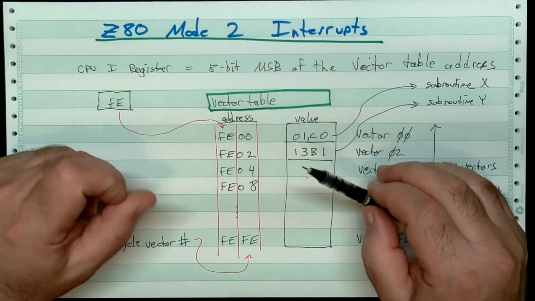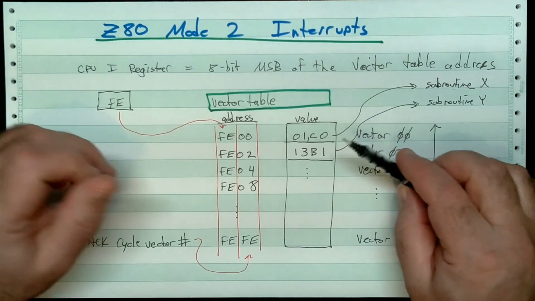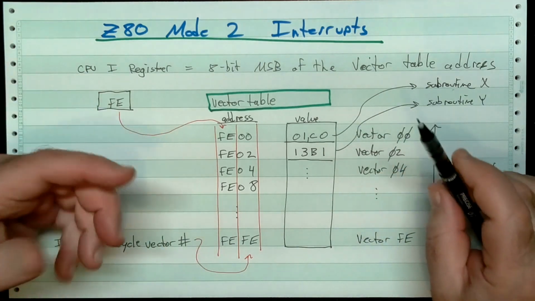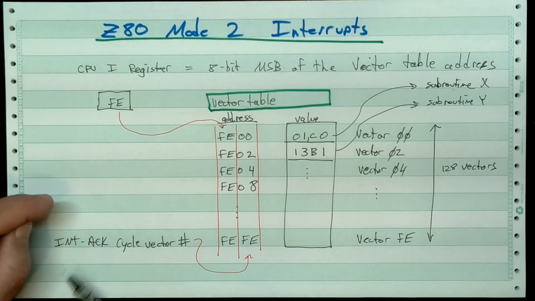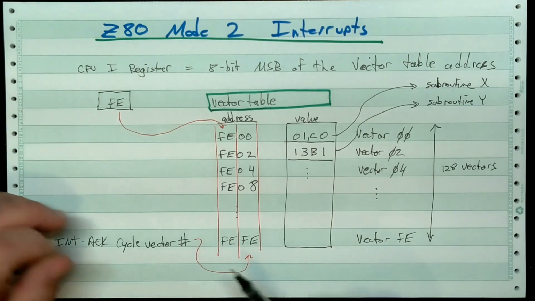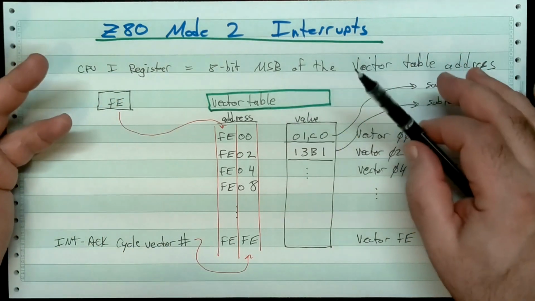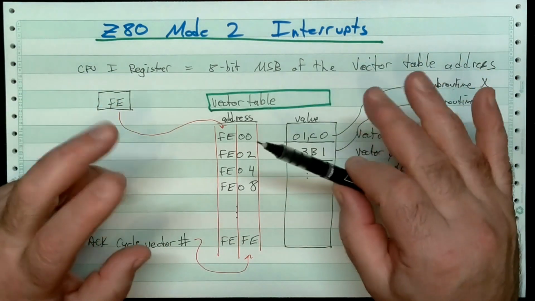That's kind of a cockamamie situation that we'll see cannot happen with the standard Z80 peripherals, because they're designed to supply vector numbers that never end with an odd value. So in theory that could happen, but don't do that, okay?